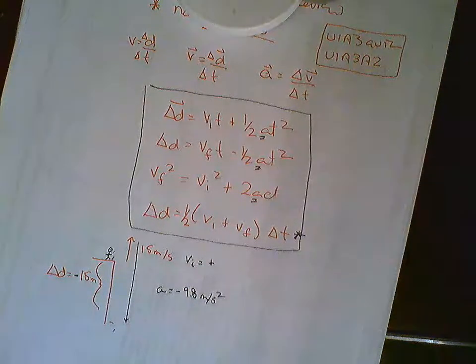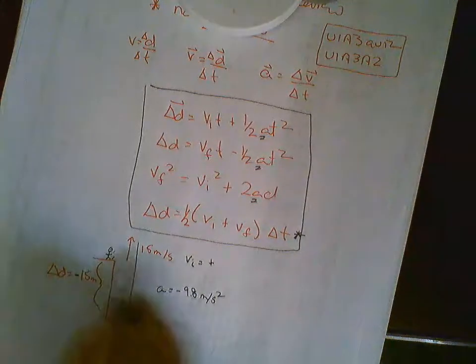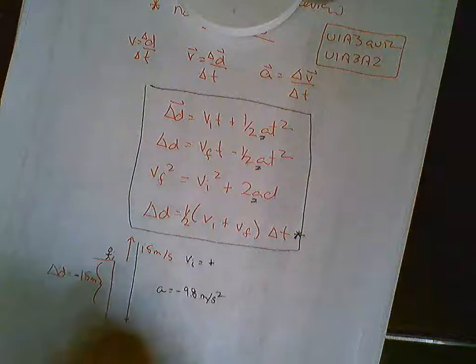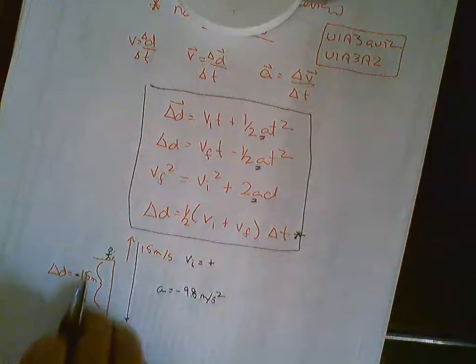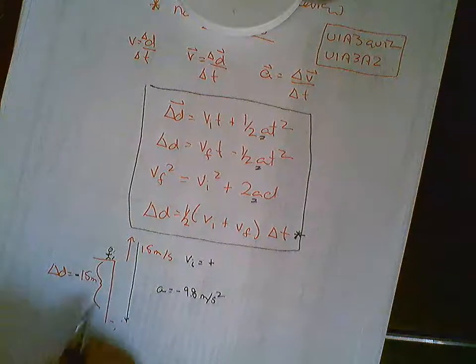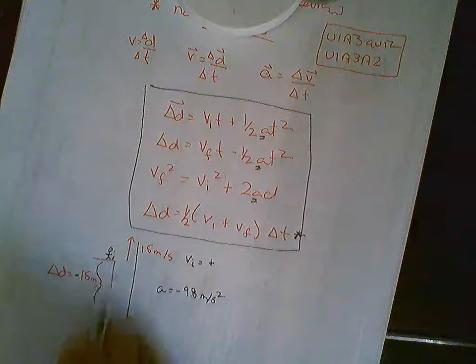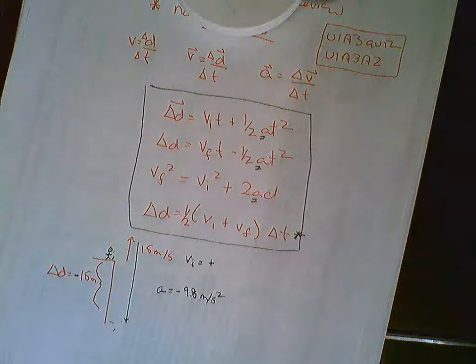Okay, so it's important to understand certain things. If you're throwing the ball up, it's a positive velocity to start with. It'll be a negative velocity at the end because it's coming down. Our distance is negative because we're going down, and our distance is the distance from where we start to where we end. Now, there's more than one way to get the right answer.